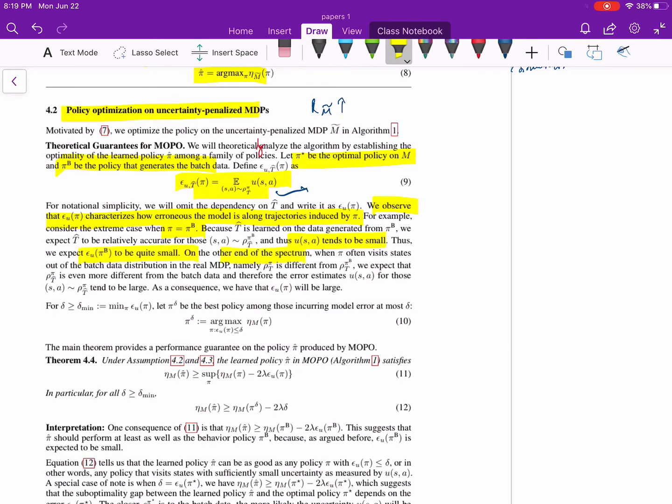On the other end of the spectrum, if pi often visits outside of the batch data distribution, you expect the error estimates to be large, so u of sa is large. One could give closed form expressions for how far apart these two distributions would be, and you could actually characterize this epsilon u. That would be, I think, future work, maybe.